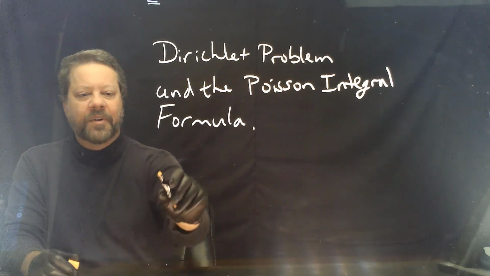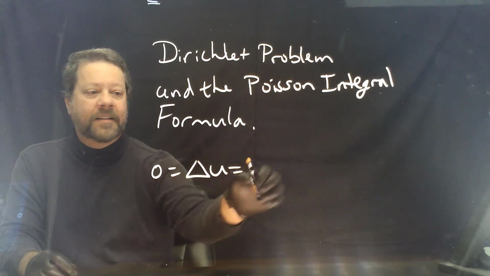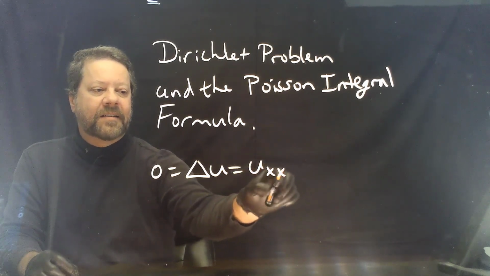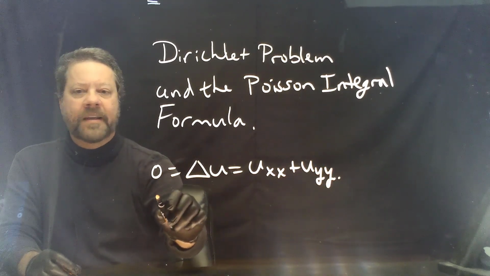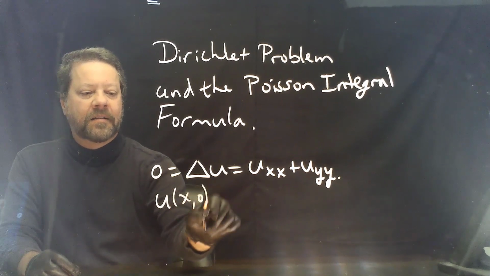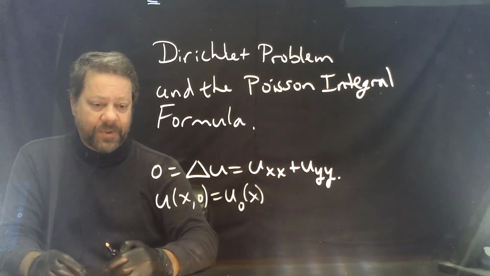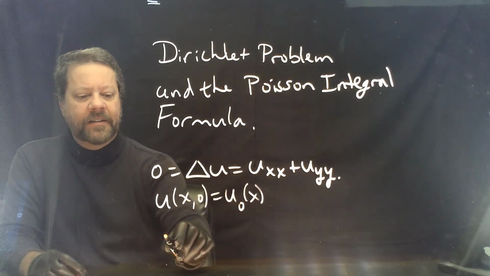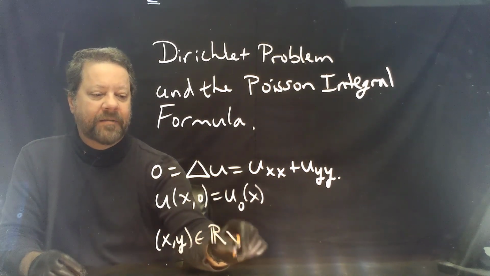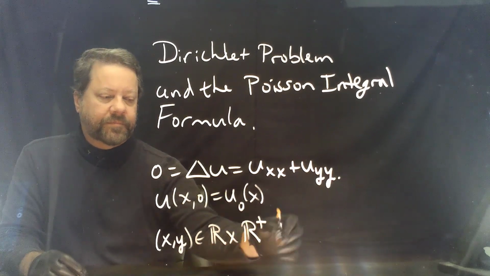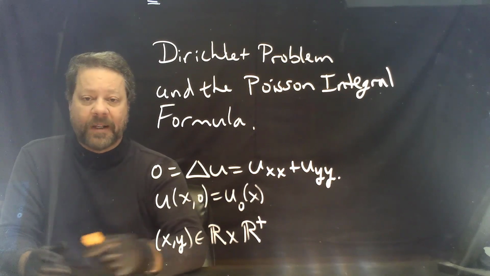The Dirichlet problem, you'll recall, where we assume that the Laplacian here is uxx plus uyy, with the initial data being some arbitrarily defined function at y equals 0. This is going to be defined on the points x, y lying in the upper half plane. So we're requiring the y coordinates to be positive with the boundary at y equals 0.